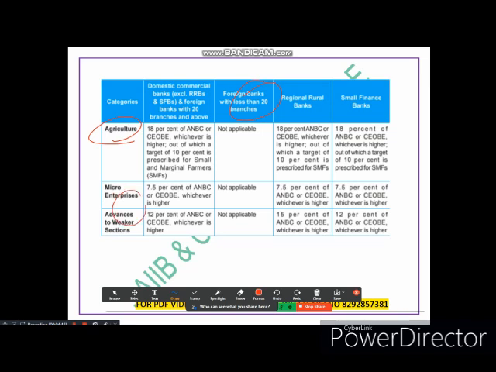Similarly, micro enterprise is 7.5%, that is 7.5% of ANBC or COB, whichever is higher.